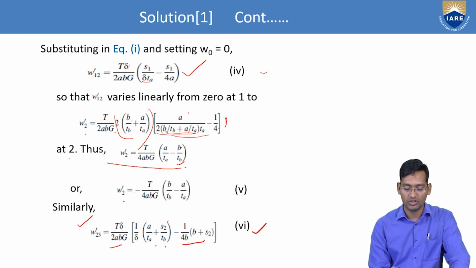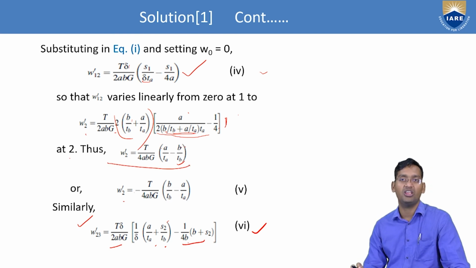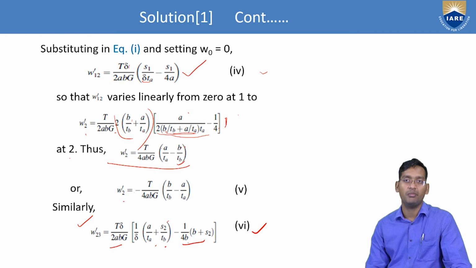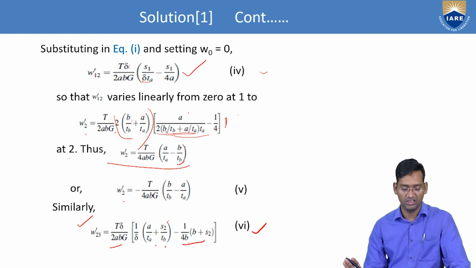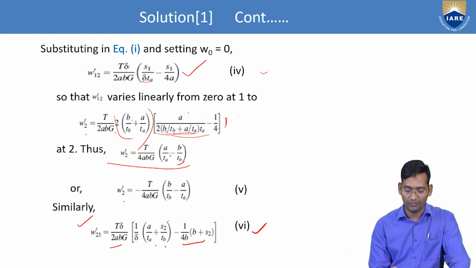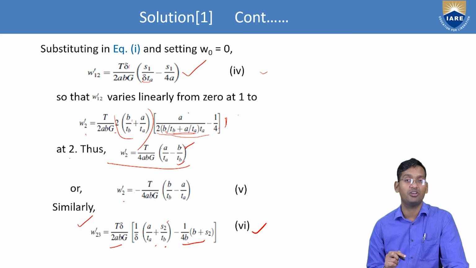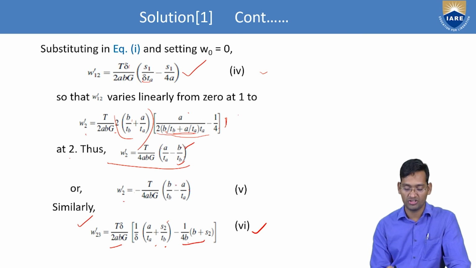You will get W dash 2 equals T by 4ABG into A by TA minus B by TB. Further simplifying, this becomes positive, because in our previous equation B by TB was positive. So make this positive, take the negative sign common. So W dash 2 is equal to minus T by 4ABG into B by TB minus A by TA.